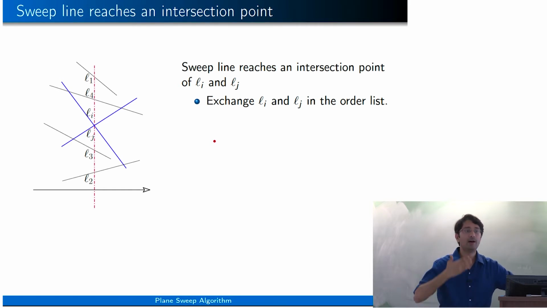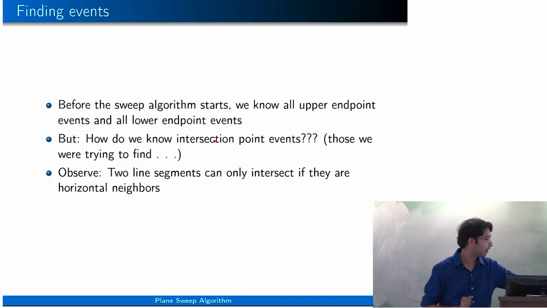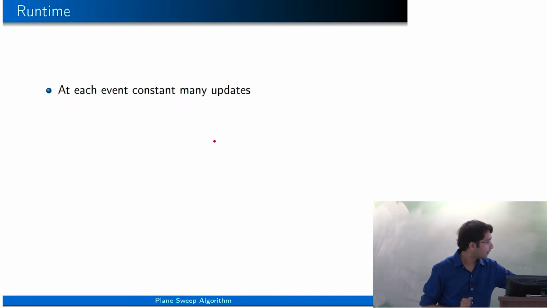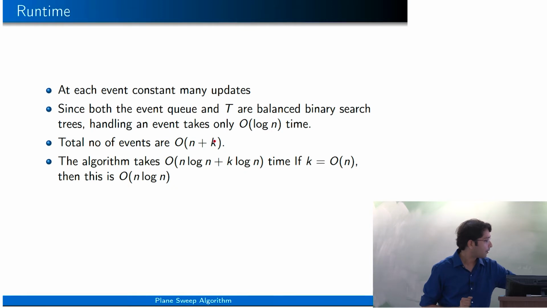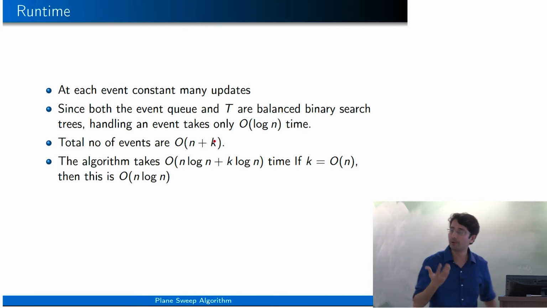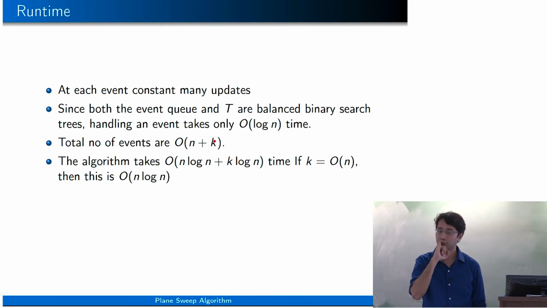So, what is the final total number of event points? n plus k. And at each event point, how much time are we spending? Log n, because I have to insert the line segment.